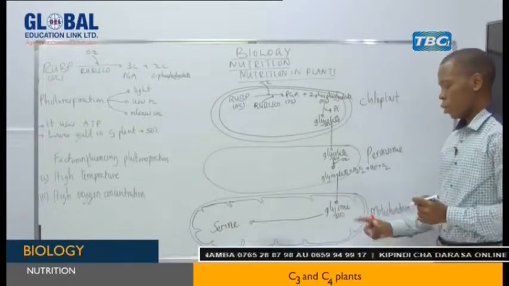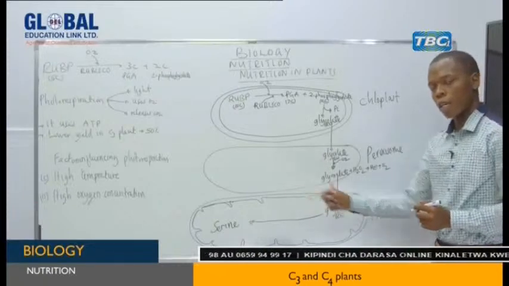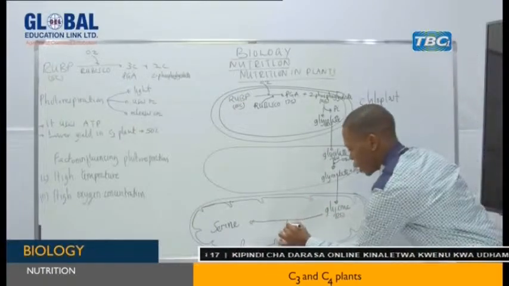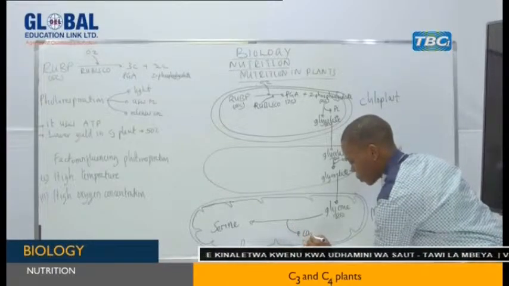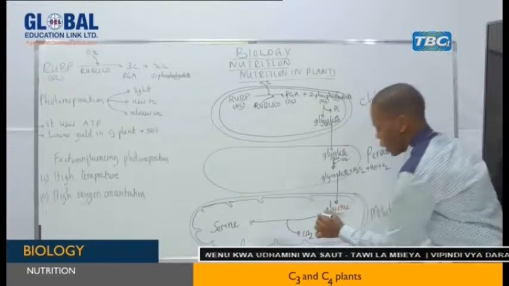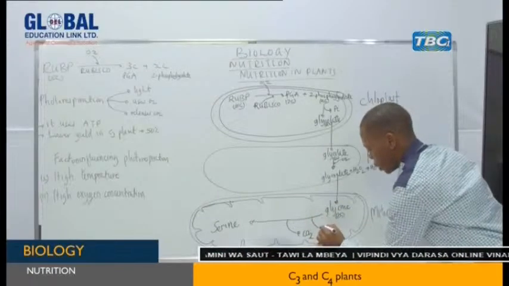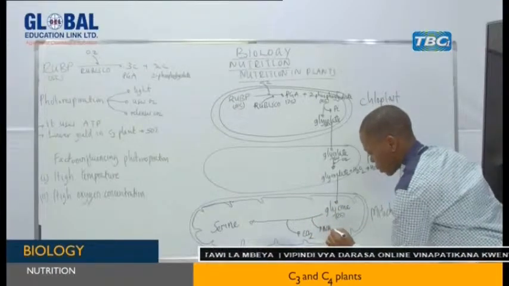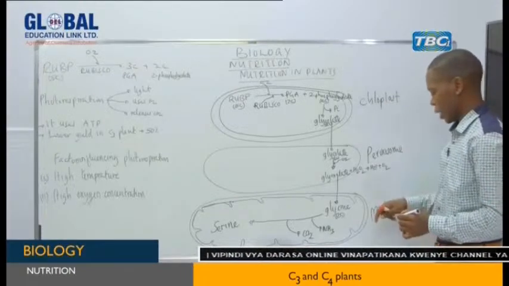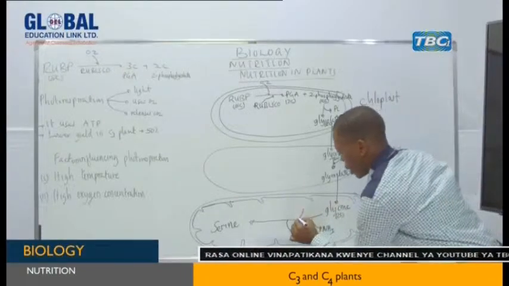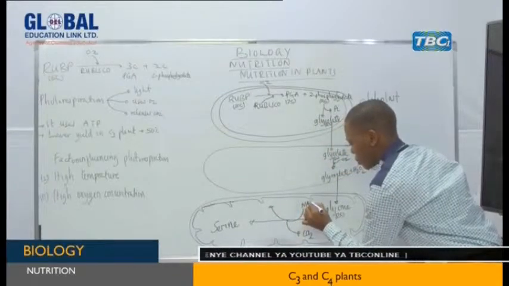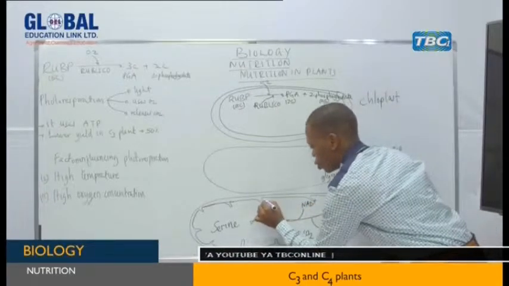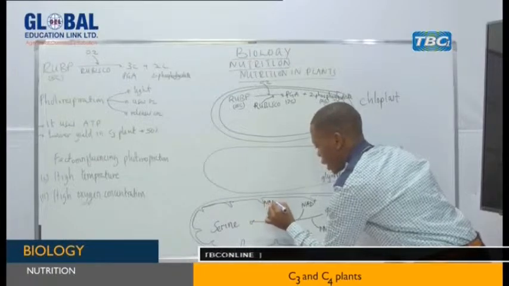But during conversion of glycine into serine, carbon dioxide is released, but also ammonia is released. But again, in the mitochondria, the oxidized NAD is converted into reduced NADH2.